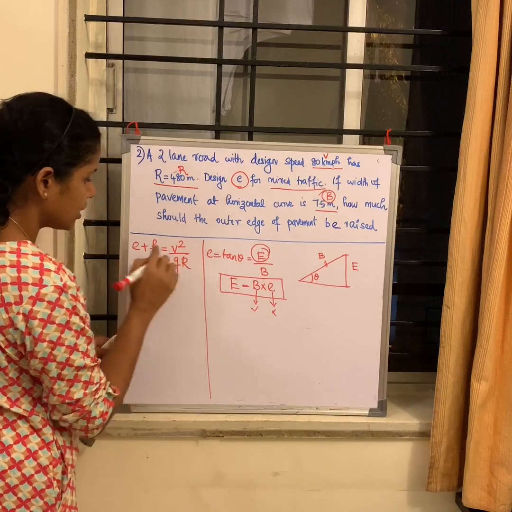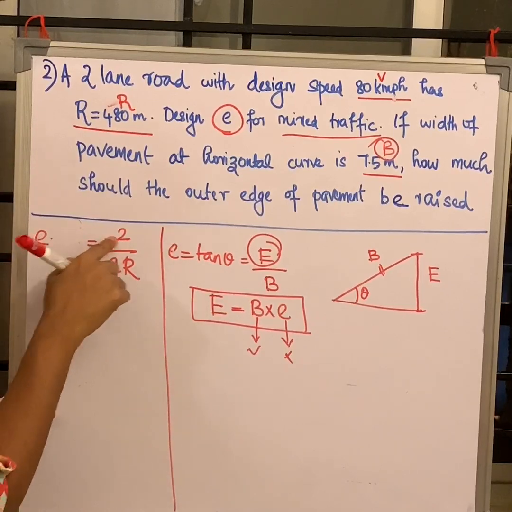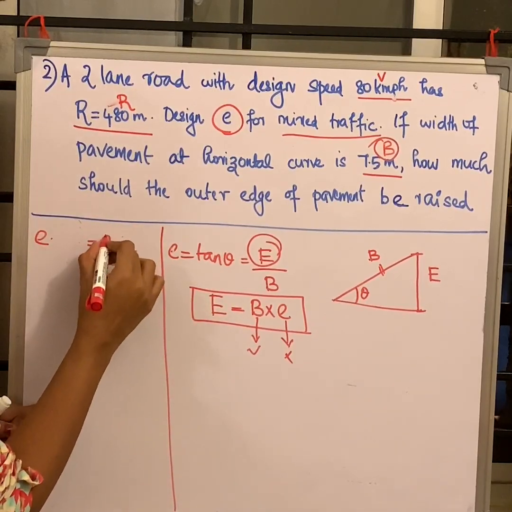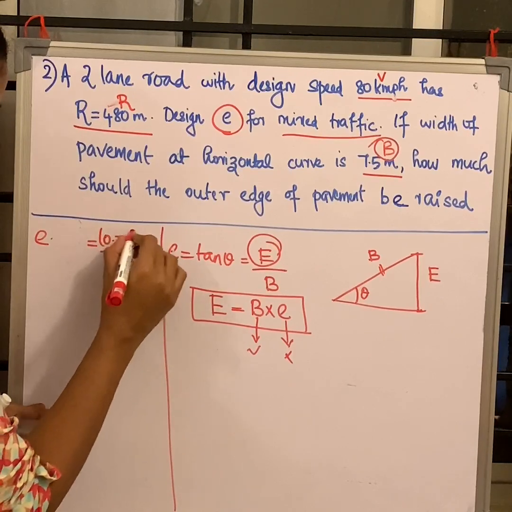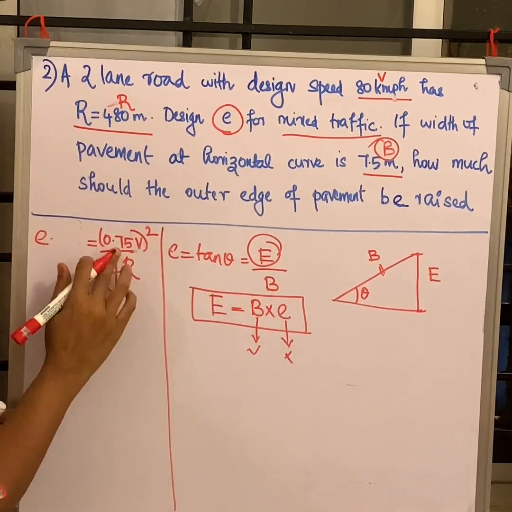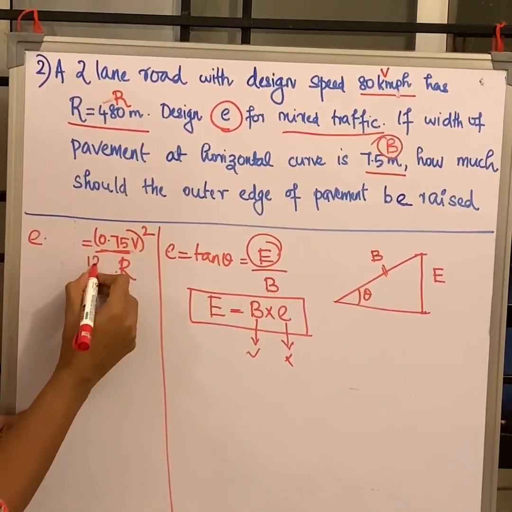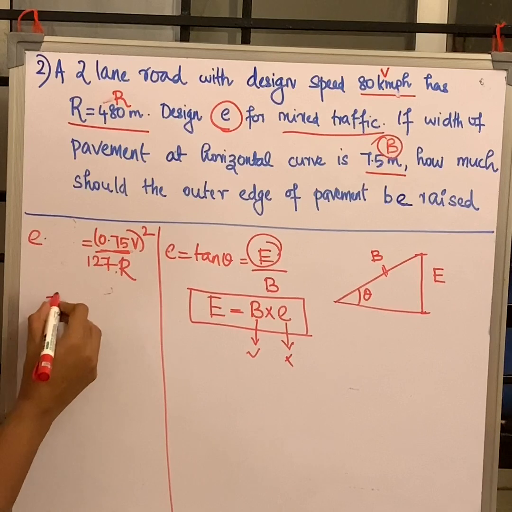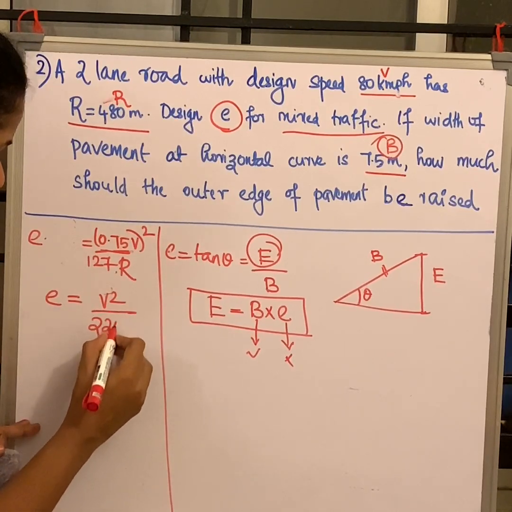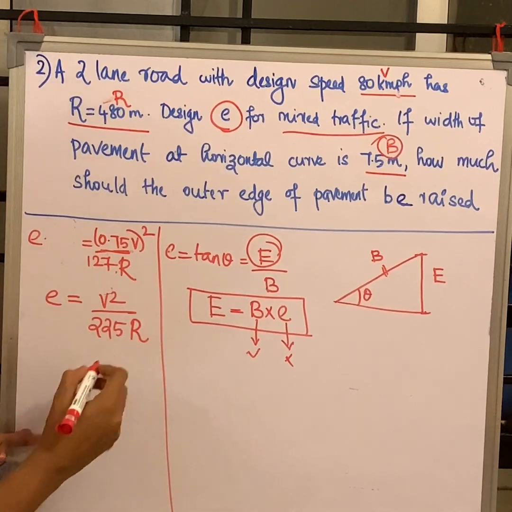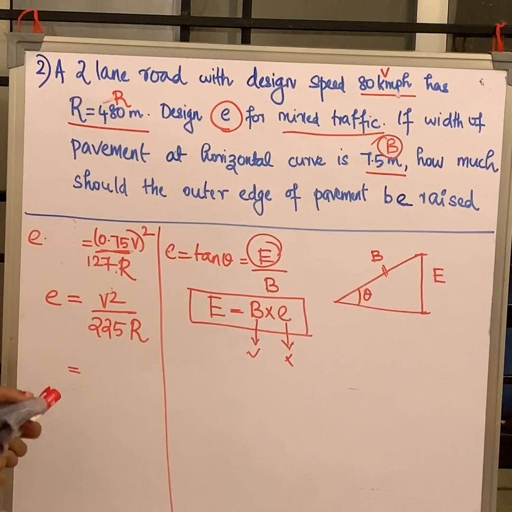Here f is assumed as 0, and V we consider as 0.75 V. Writing the final equation in terms of kilometer per hour, with 127 R, we got it as V square divided by 225 R. I hope you remember this equation. Here V is in kilometer per hour and R is the radius in meter.